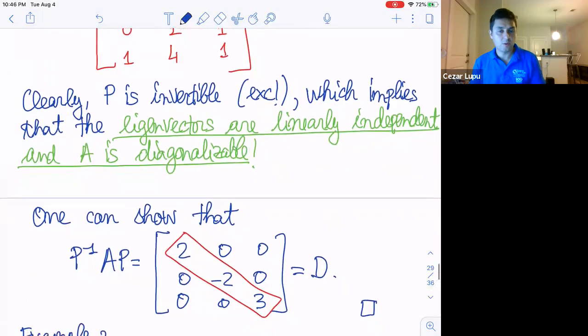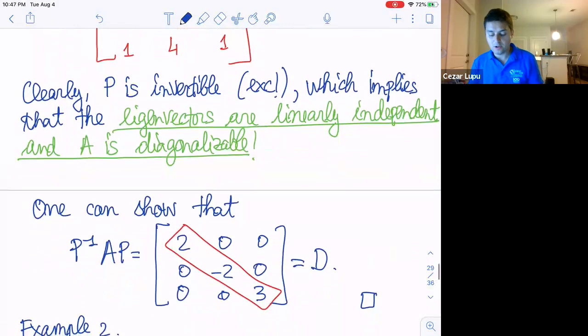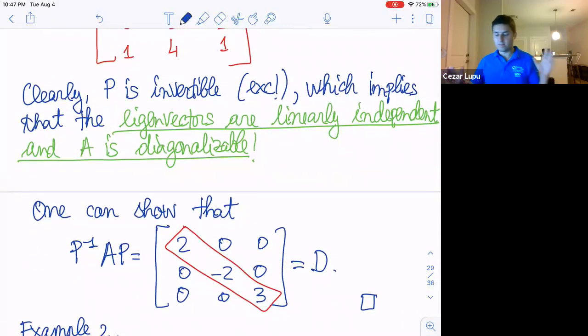The way we find the diagonal form is that we just find the inverse of this. And one can show, and I'm going to skip those computations, I'm sure you can do them, that P inverse times AP would look like this. And as you can see, this diagonal matrix is what we want.